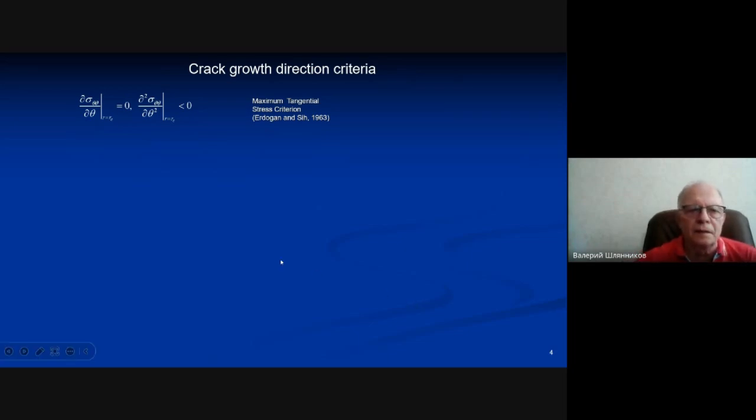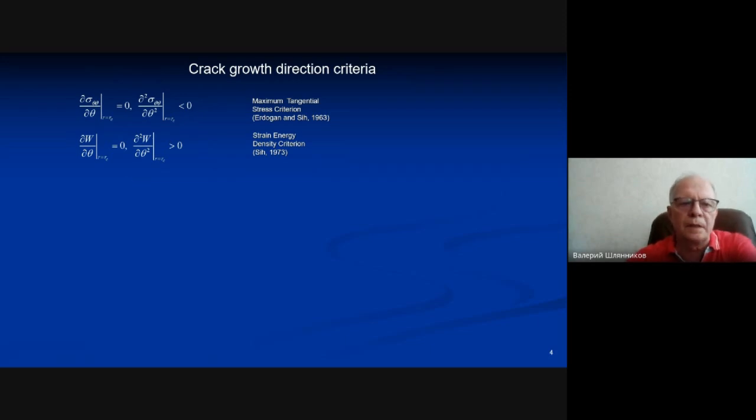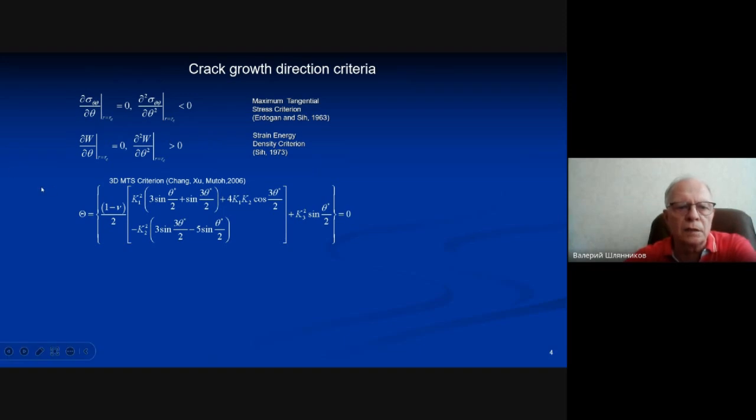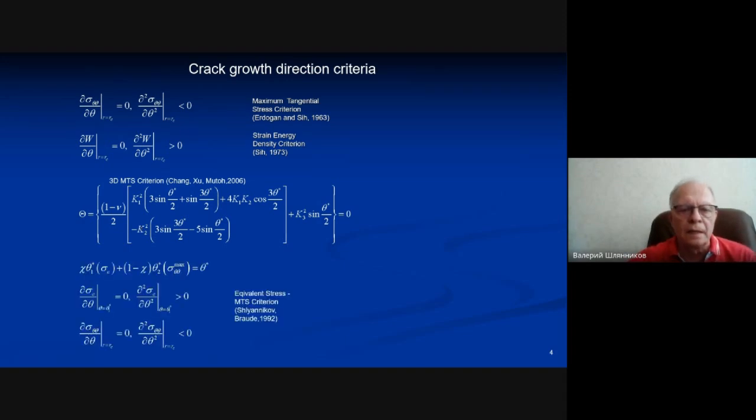These are the maximum tangential stress and the energy density criteria, both introduced by Professor Sih. In the general case of a 3D cracked body, it should be mentioned the criterion of Chang, which accounts for all three modes and all three stress intensity factors.